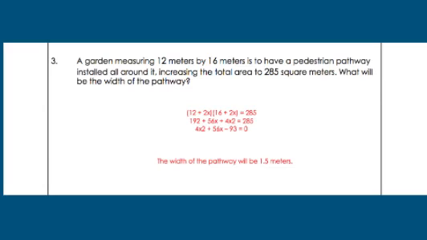Then the new area is given by 12 plus 2x times 16 plus 2x equals 285, and then we go to 192 plus 56x plus 4x squared equals 285, and then we get 4x squared plus 56x minus 93 equals 0, and the width of the pathway will be, using the quadratic formula, 1.5 meters.